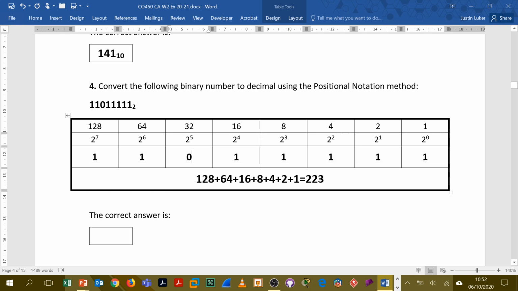Because we've got 0 here, you could have done this as another type of conversion. You could have taken 32 away from 255, because it's the only 0 there, and that would have given you 223. Also, you could add 32 to 223 and it would give you 255, so I know I've added this correctly that way as well. It's just a method to check. So 223.